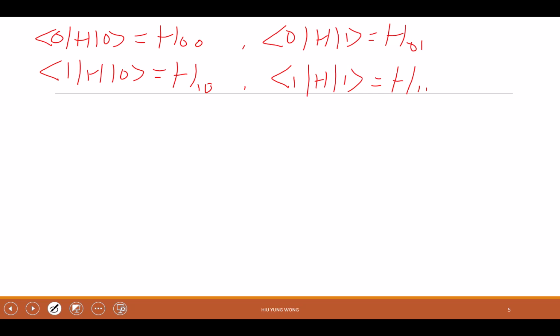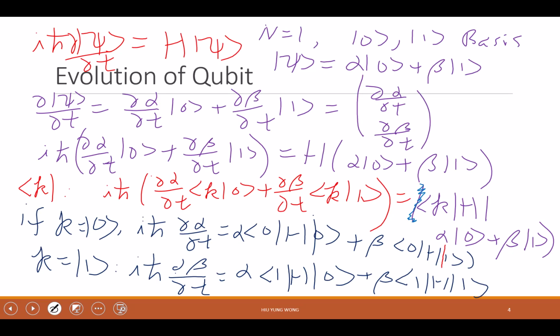Now, if I write it in this way, you realize that these are the two equations. Equation 1, equation 2. I have two equations.